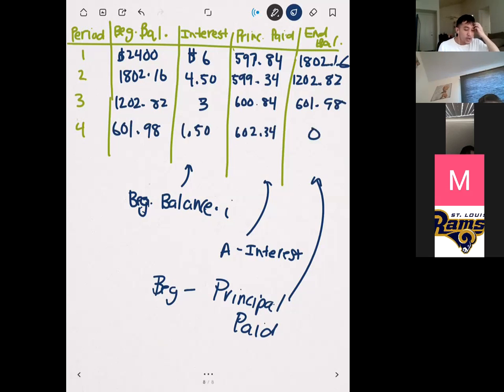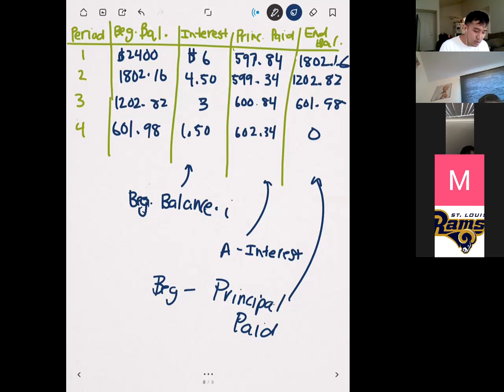If you did everything correctly, your ending balance at the end of your last period should be 0, or somewhat close to 0. If you're doing these calculations on a calculator, it might not be exactly 0 because you're going to have round-off error, but it should be pretty close to 0.